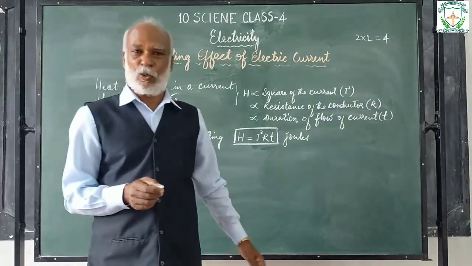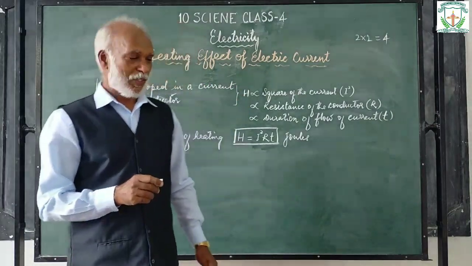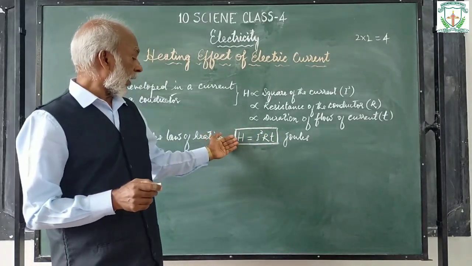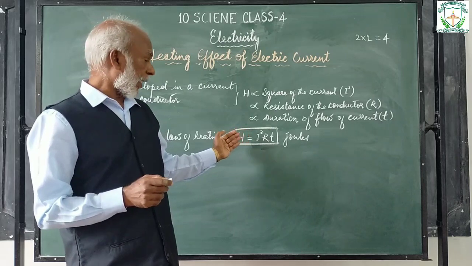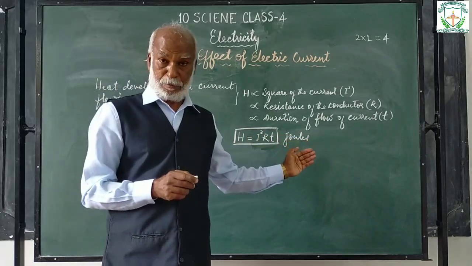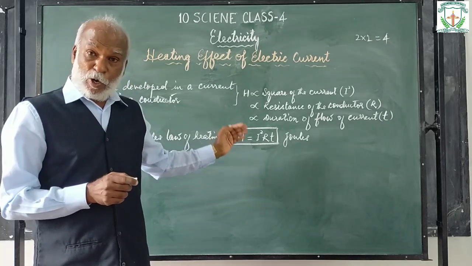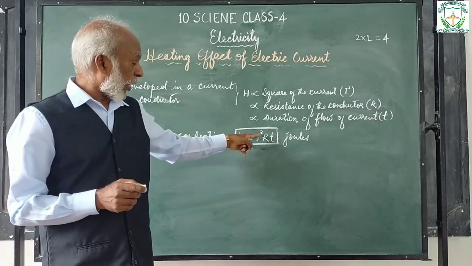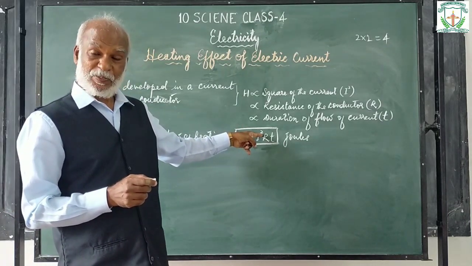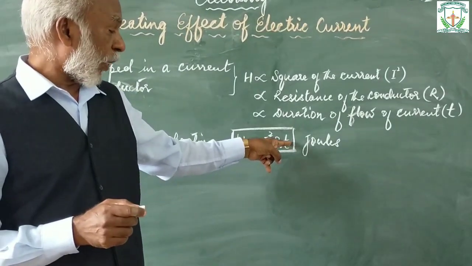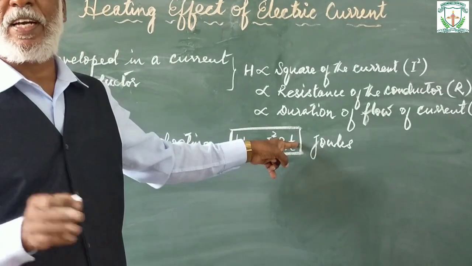How do you state Joule's law of heating? From this relationship you can easily state it. The heat developed in a current carrying conductor is the product of the square of the current, resistance of the conductor, and duration of flow of current. That's all.